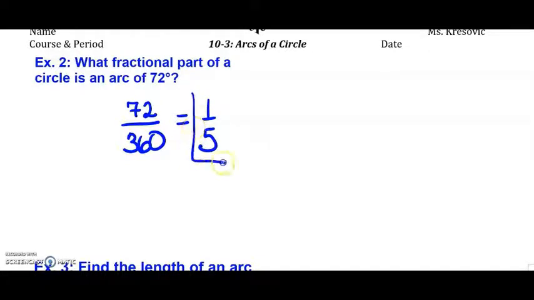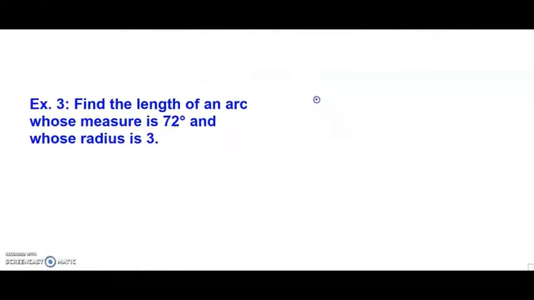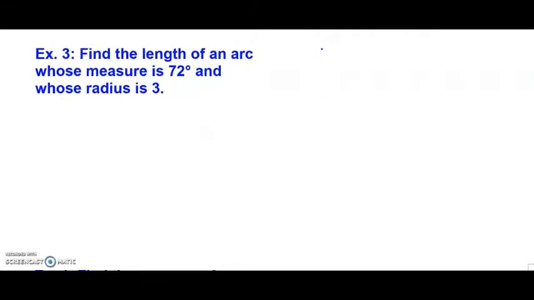To determine the fractional part of a circle when the arc is 72 degrees, I'm going to divide it simply by 360 degrees, which reduces to 1/5. To find the length of an arc whose measure is 72 degrees and whose radius is 3, remember that the length is the distance.